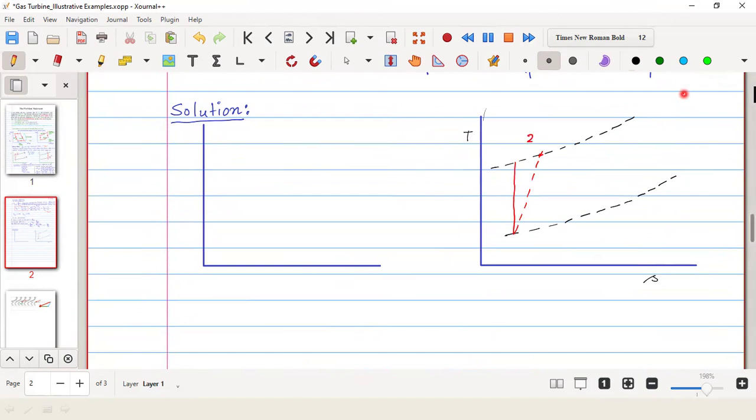So it is 2A and 2S. Now again from 3 to 4, there will be one isentropic process and one actual process. So this is 4A and this is 4S.